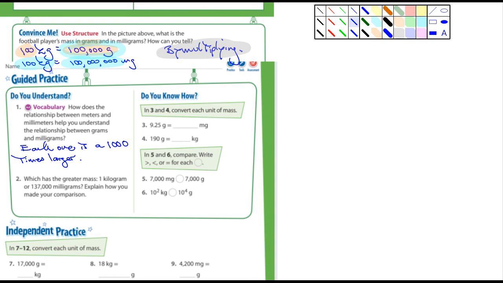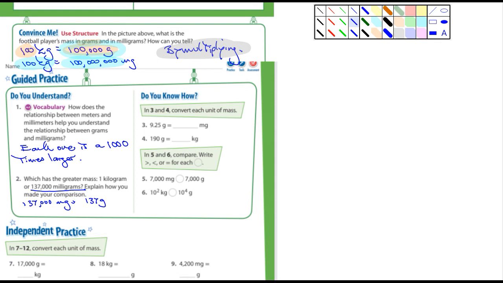Number 2, which has the greater mass, 1 kilogram or 137,000 milligrams? Well, let's just change that 137,000 milligrams first off into grams. So we're going from smaller to larger, so we're going to divide by 1,000. So 137,000 milligrams equals 137 grams.